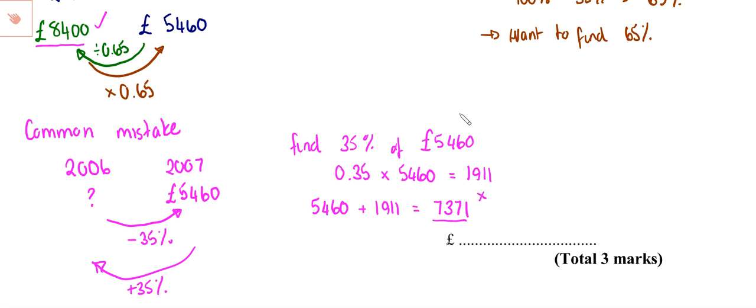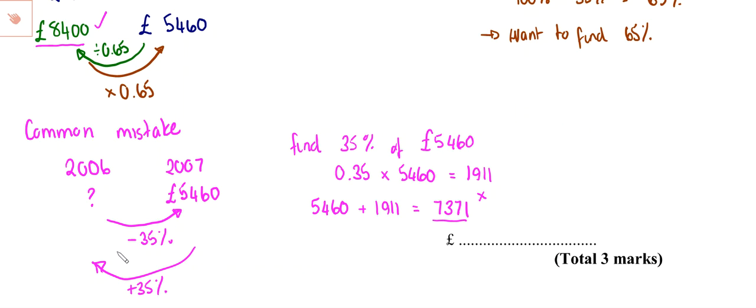Yeah, but does it make sense that if I've subtracted 35%, I can just add 35% back on? Does that make sense? So it makes sense to do it.